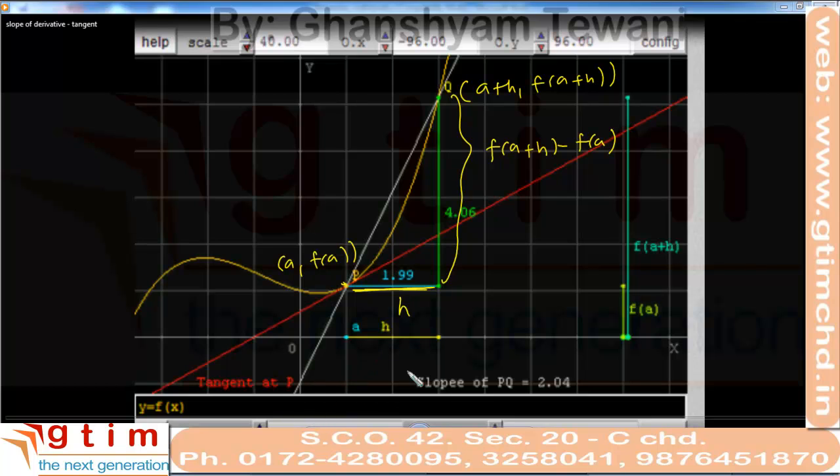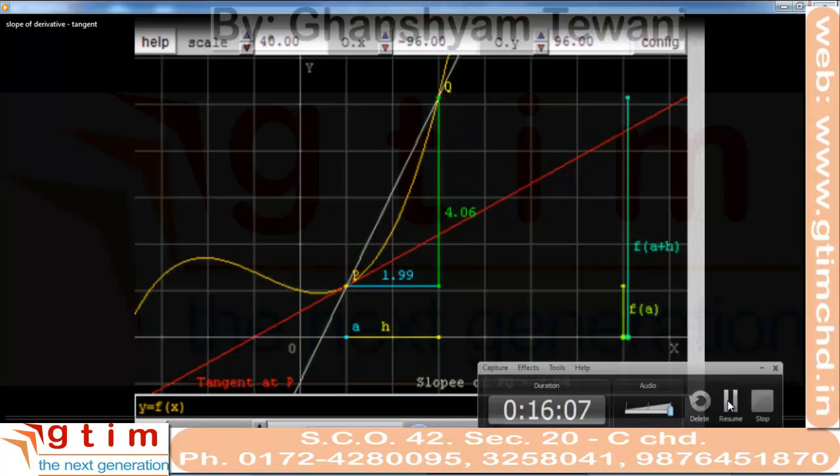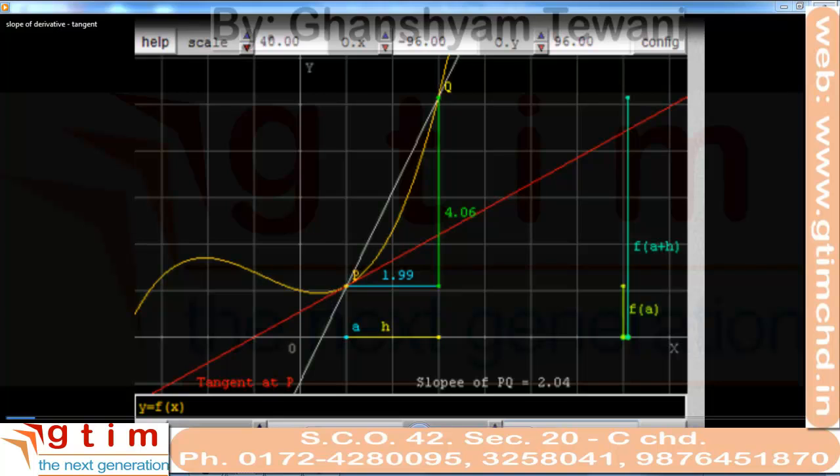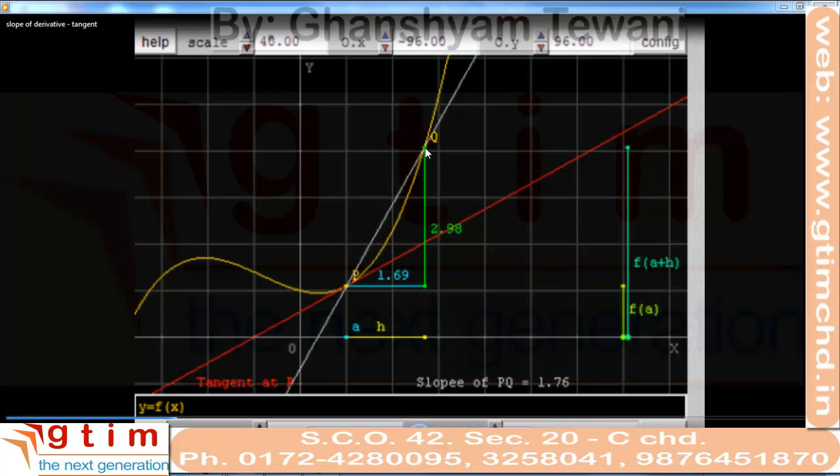Now let's see the moving point Q on the graph. Here Q is traveling along the curve towards P, and we can see that this height is decreasing, which is f(a+h). The f(a) height remains constant because point P is fixed.